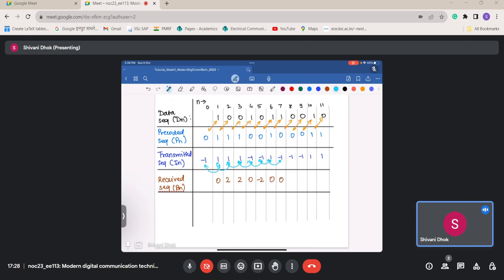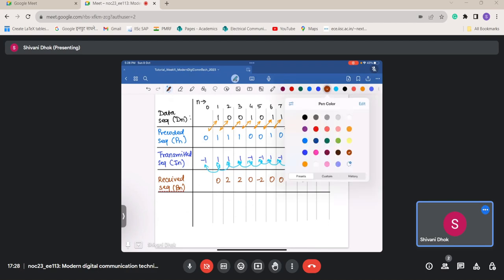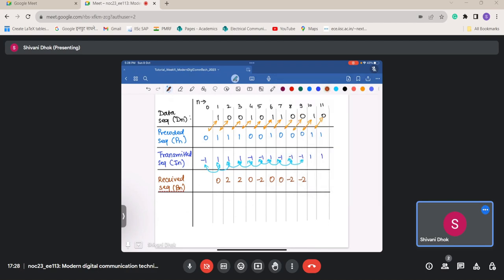Then we'll find the addition of these two, that is minus 1 and minus 1, so that comes out to be equal to minus 2. Then again we have minus 1 and minus 1, so that comes out to be again minus 2. And then we are having minus 1 and 1, so that comes out to be 0.